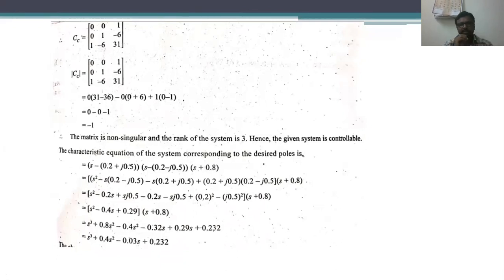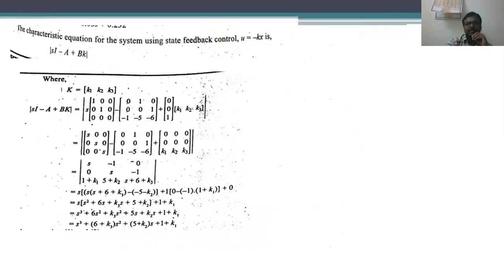After that we have to determine the characteristic equation regarding the expression modulus of SI minus A plus B K. This is the expression we have to calculate.